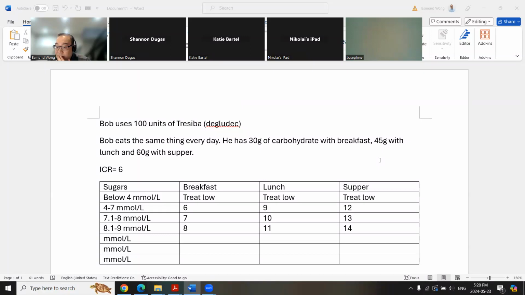There was a question on practice tests. I'm reading Mandy's question now. There was a question on practice tests regarding which patient is most sensitive. They've given ISF and ICR. There was also a carbohydrate exchange ratio. So what's your question, Mandy?